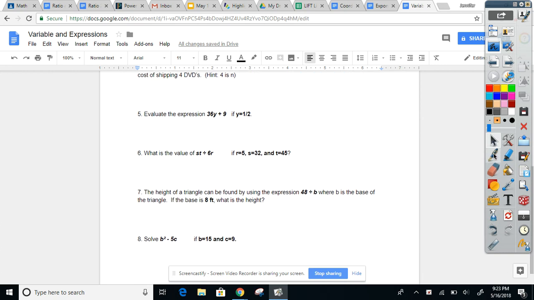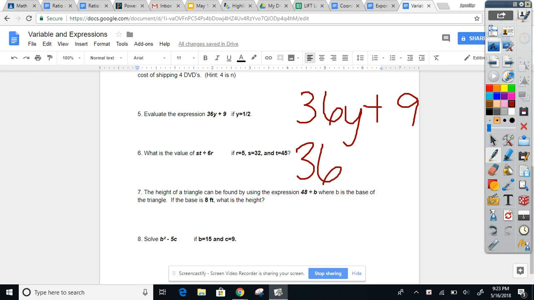Number 5. This is 36y plus 9. If I plug in y, that would be 36 times 1/2 plus 9. We're going to follow the order of operations and do the multiplication. Please remember that if I want to multiply, then that means I need to put my whole number over 1, because 36 is the same thing as 36 over 1.